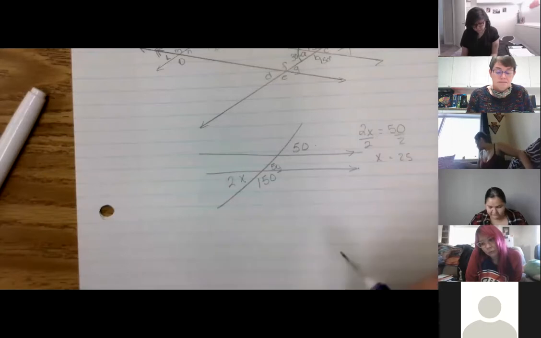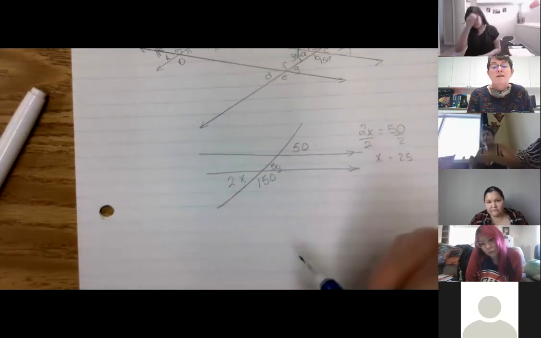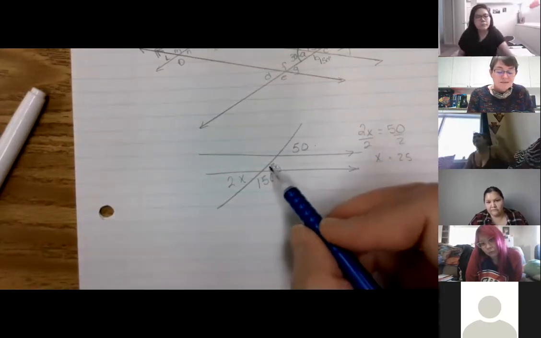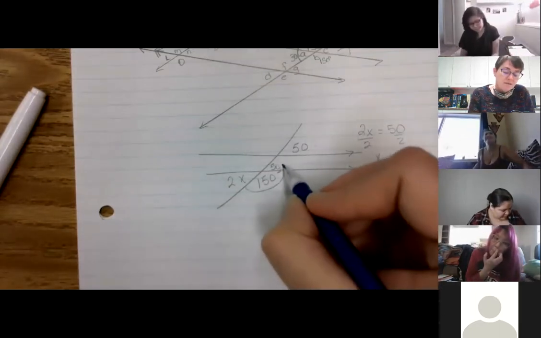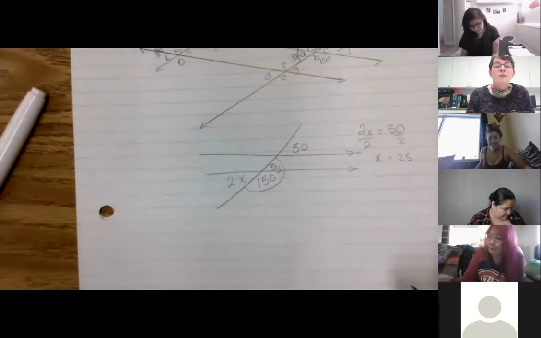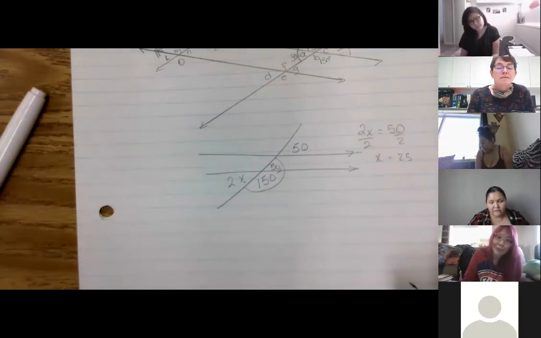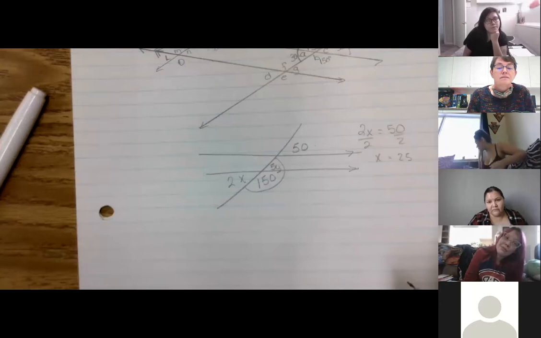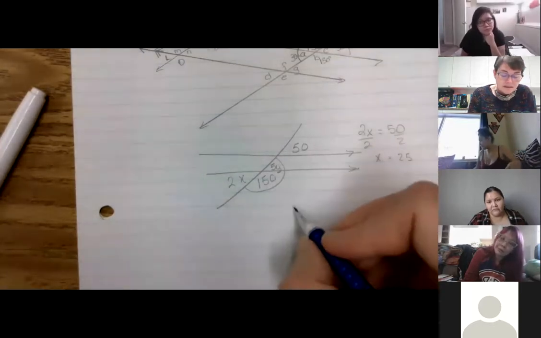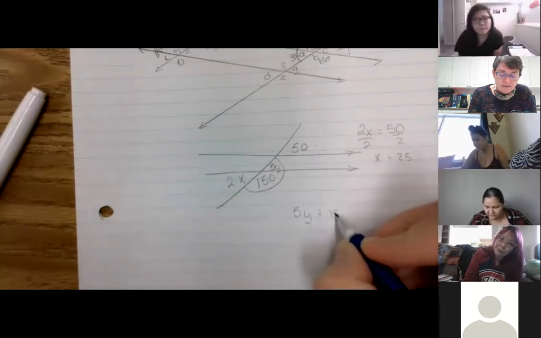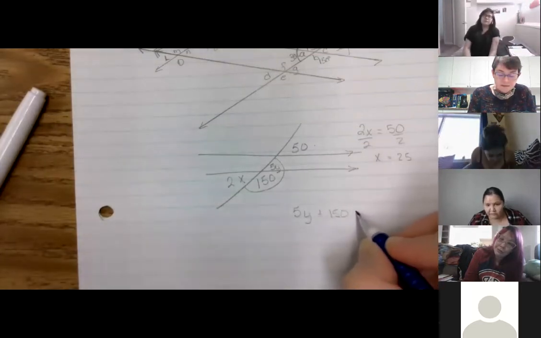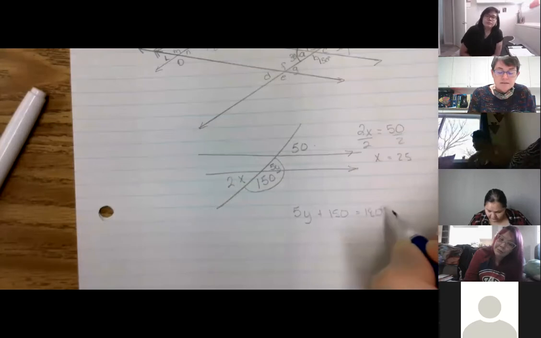Okay, my drawing's bad. To me, this one's smaller, right? They're side by side. So Clarissa, what can you tell me about two angles that are side by side? What do they add up to? 180. Nice. So in this case, you would go 5y plus 150 is equal to 180 degrees. And then you'd solve that.